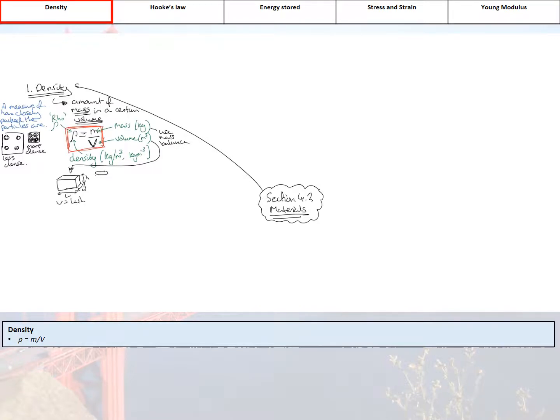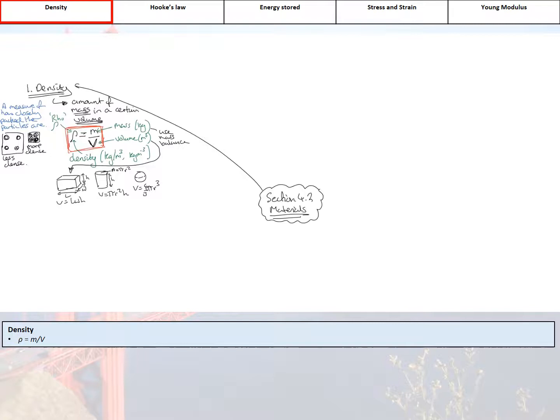You might have a cylinder, like so, in which case you'll need to find the cross-sectional area, which is pi r squared, and multiply it by the height to get the volume. Or you might have a sphere, and the volume of a sphere is 4/3 pi r cubed.